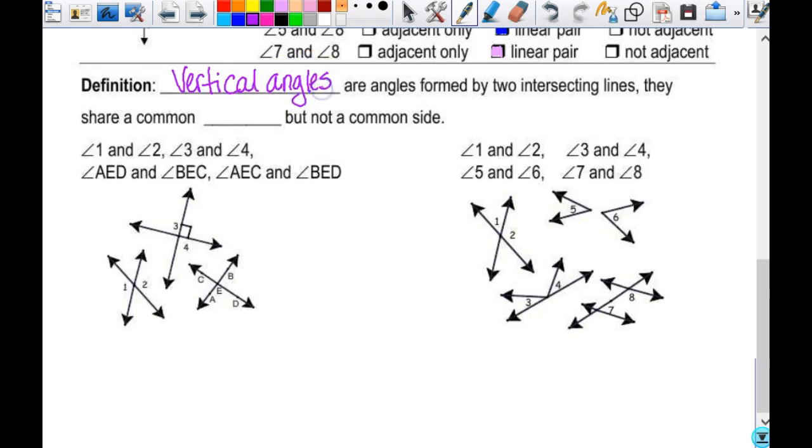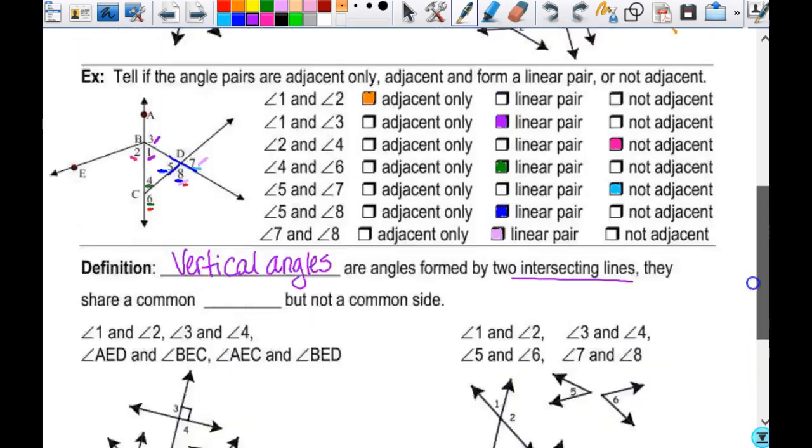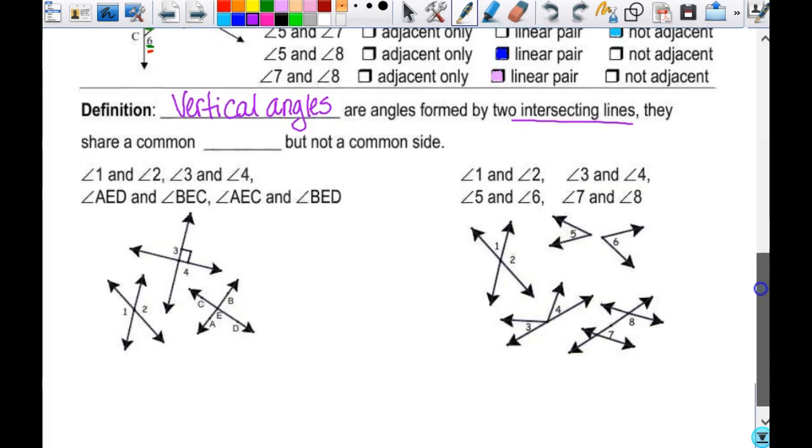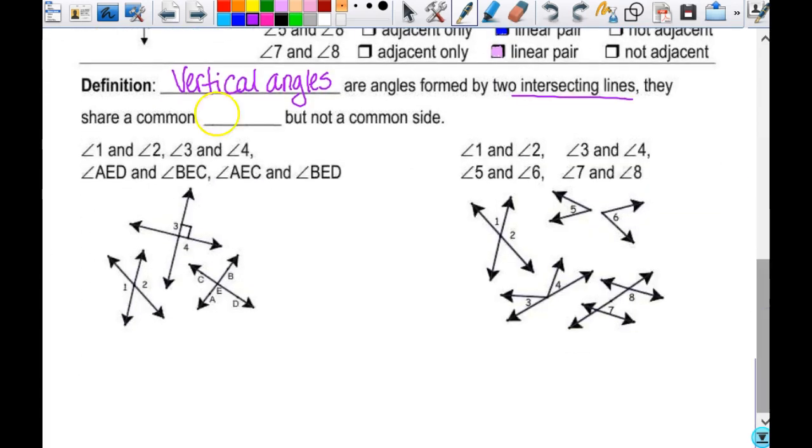So vertical angles are angles formed by 2 intersecting lines. This is 2 intersecting lines, right? Okay, but these 2 right here are a linear pair. That's not the pair we're talking about right now. That's why the rest of the definition is important. They share a common vertex, but not a common side.